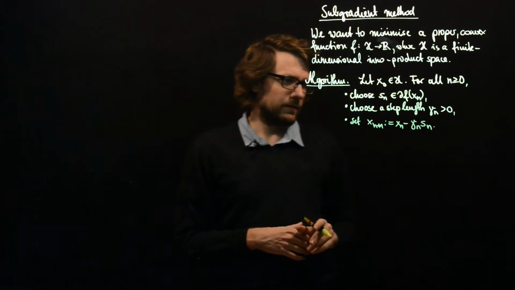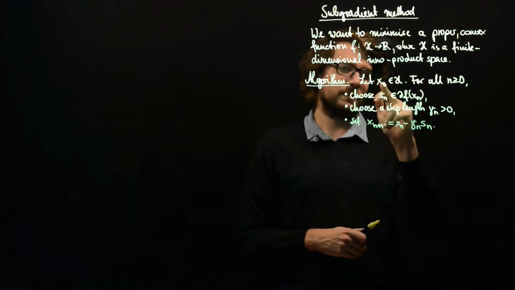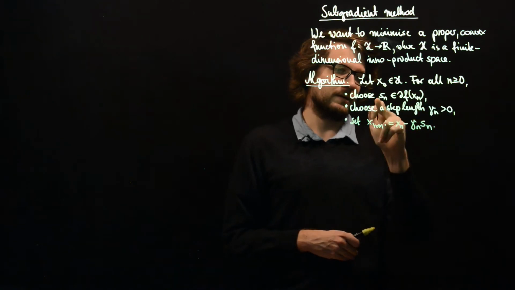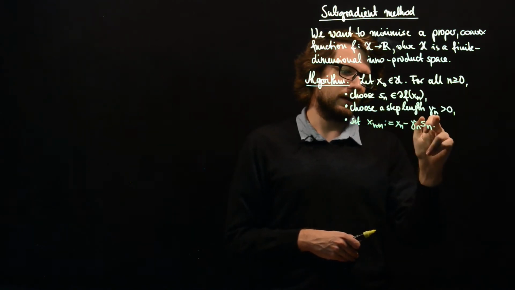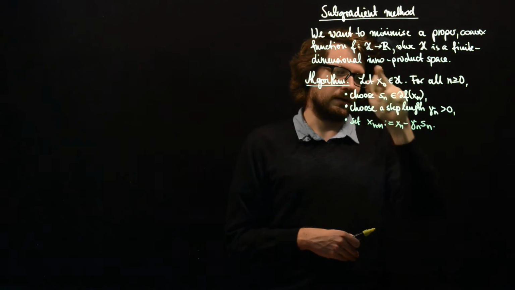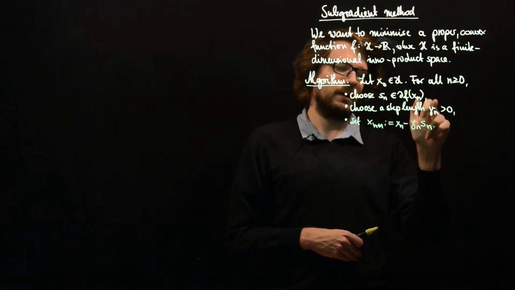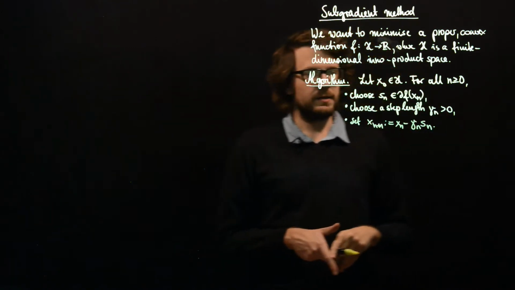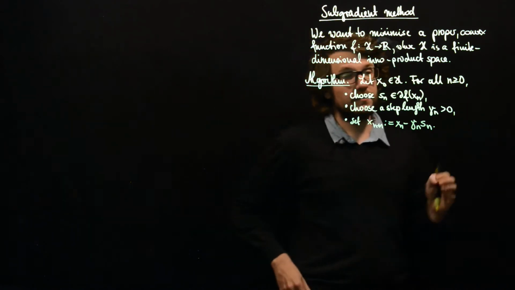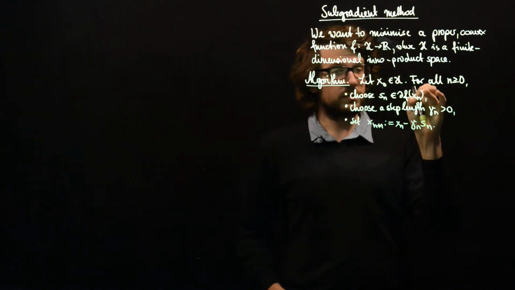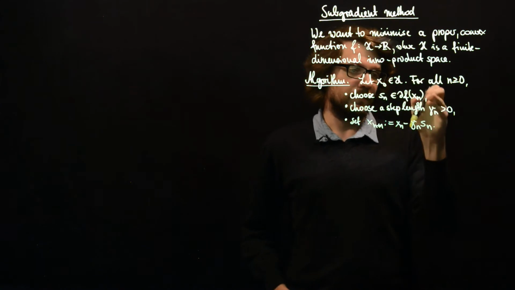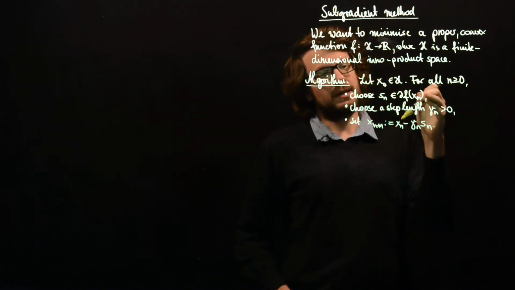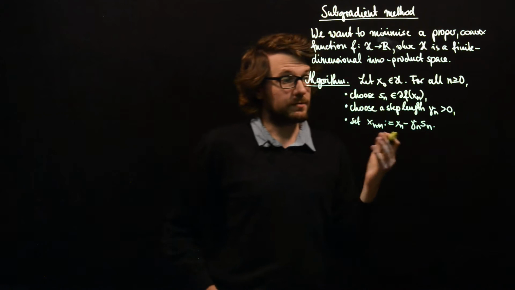Okay, and this will generate a sequence going from x0. It will generate s0, gamma 0, x1 and s1, gamma 1, x2 and so on. So this is a proper algorithm, and our considerations show that we can choose an sn in this non-empty subdifferential, so this is well defined.